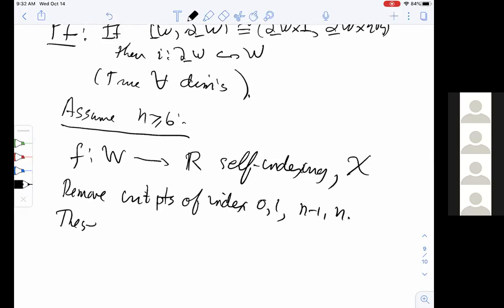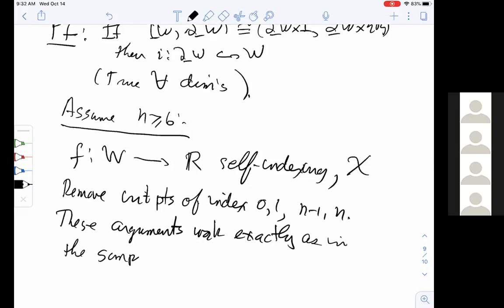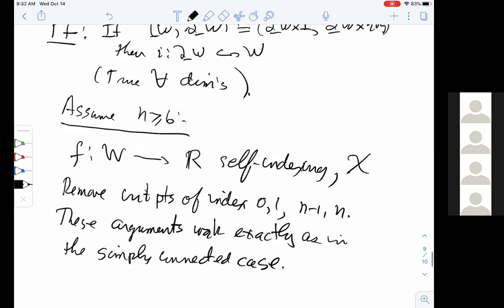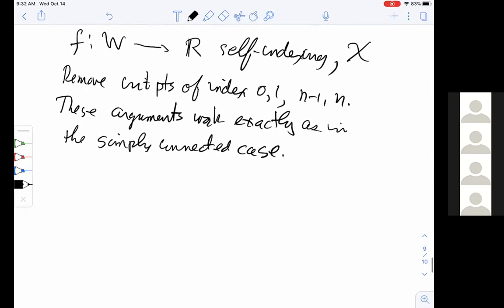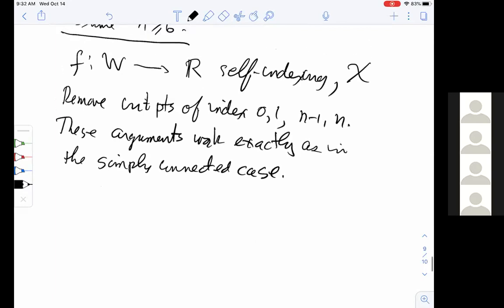These arguments work exactly as before. Maybe I'll say one thing. There's one point where they're slightly different.